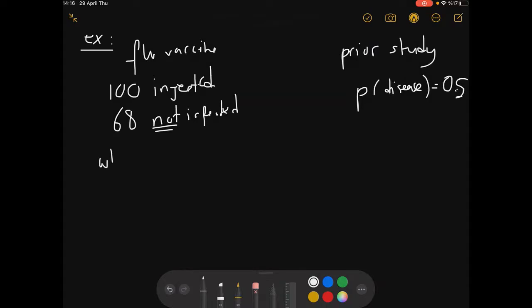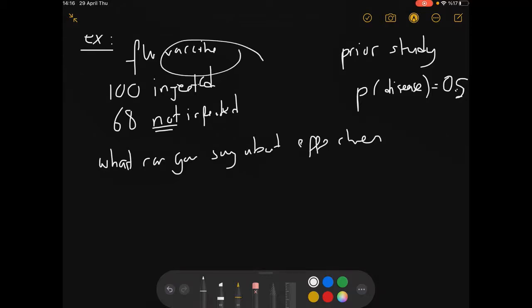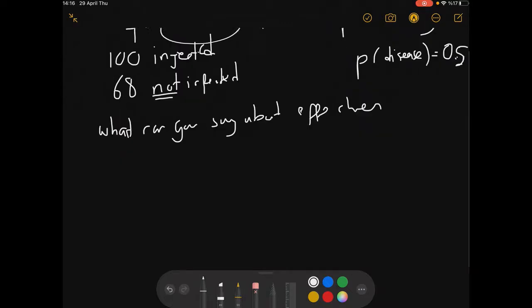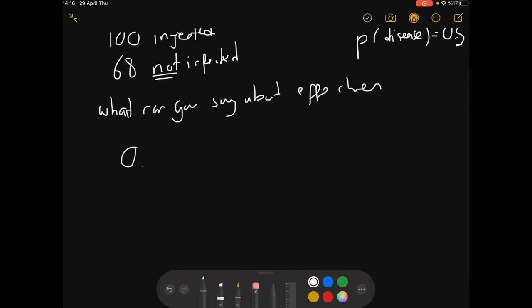What can you say about the effectiveness of this vaccine? Is it effective? Does that give you any idea? So the prior was 0.5, and now this new probability is 0.68, right? The larger the difference, the more effective the vaccine is.